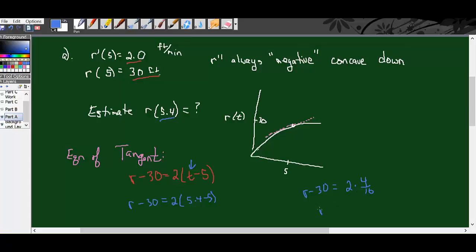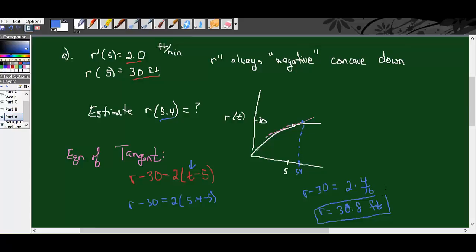So r equals 30.8, and our units were feet. So the radius is approximately 30.8 feet. That's the value of the tangent line at 5.4, which is 30.8 feet.